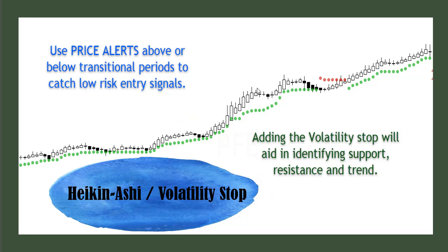So you can see how these trades easily lay themselves out and how the volatility stop really complements the Heikin Ashi candle to smooth out that trend and make it a little bit clearer and easier to see. Okay, it literally gives you the ability, had you entered clear back here on this side of the chart, following the volatility stop, to stay in that trade for what could be months.